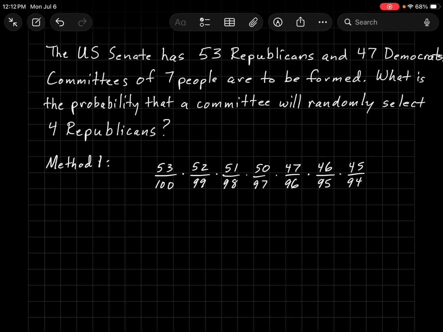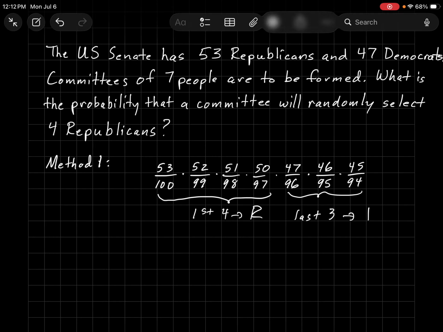But that's assuming that the first 4 are Republican, and then the last 3 are Democrat, right? Is that the only way we could choose 4 Republicans out of 7?